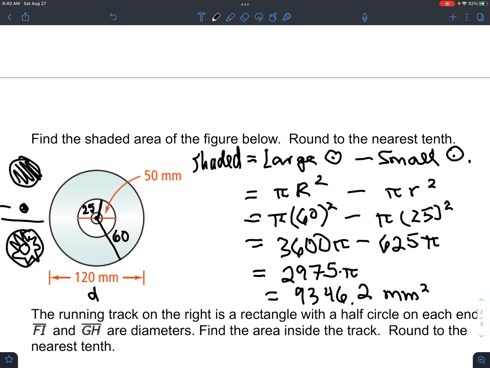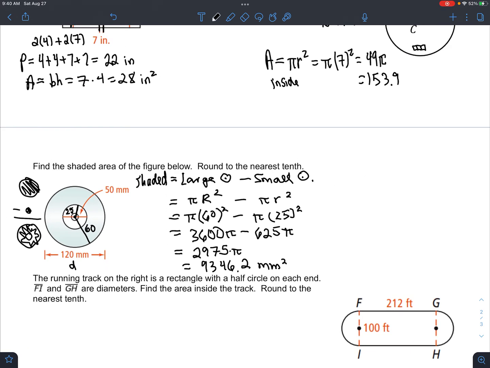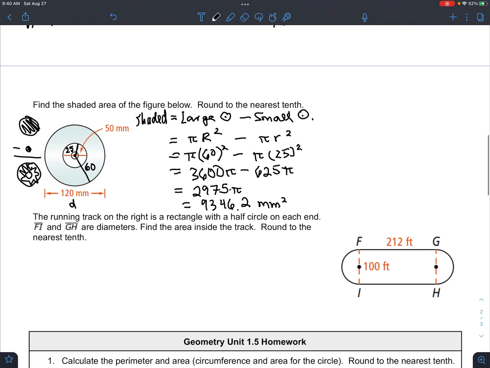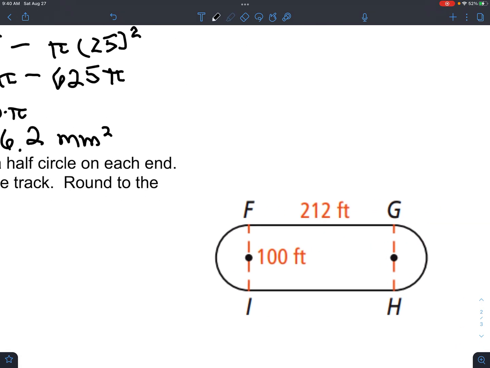All right. And then we could have an area that's made up of several, it's called a composite figure, like this running track here. So this running track has a rectangle, and then it also has 2 half circles.